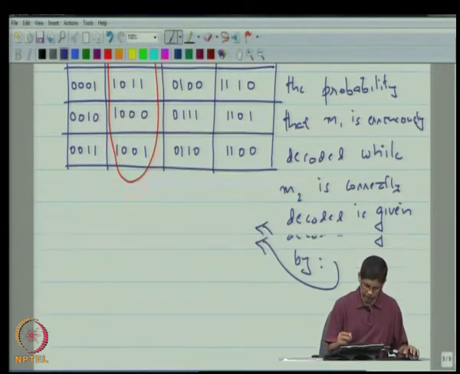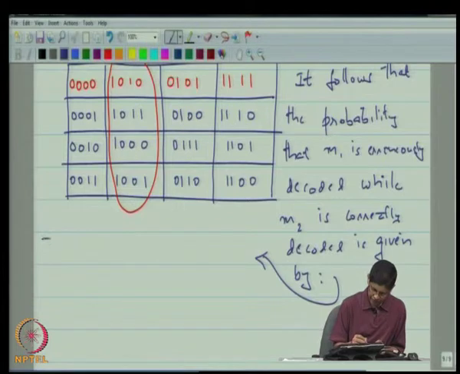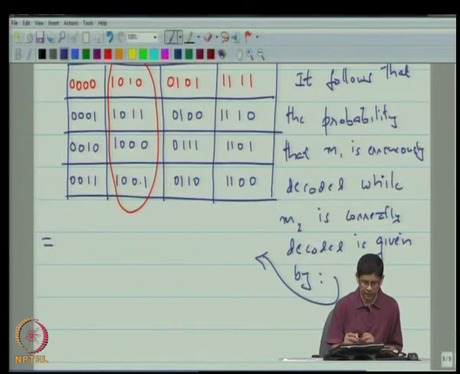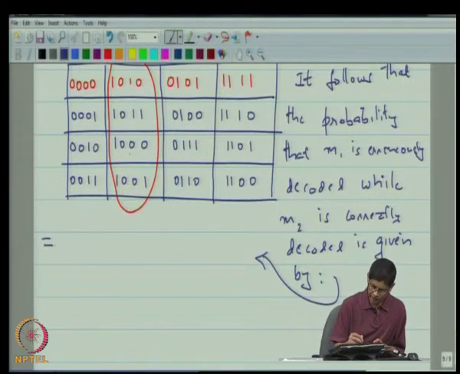So, the computation just corresponds to this. It is equal to, and I just sum the probabilities that the vectors in this column are the error vectors. So, you can see that one of them has Hamming weight 1, 2 have Hamming weight 2 in this.